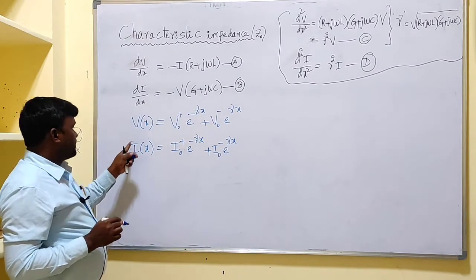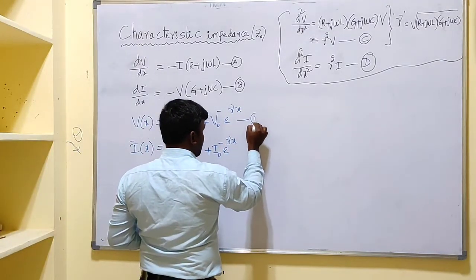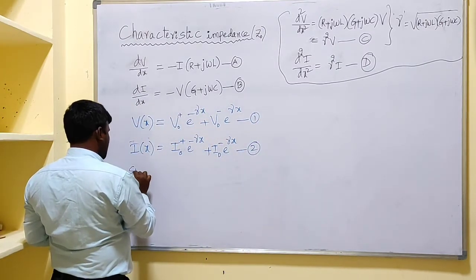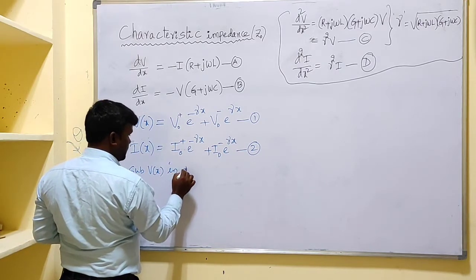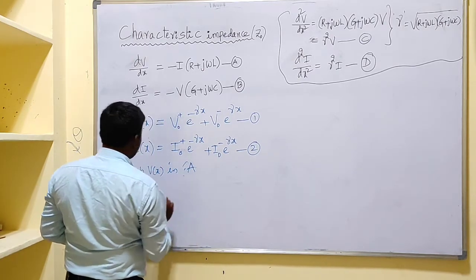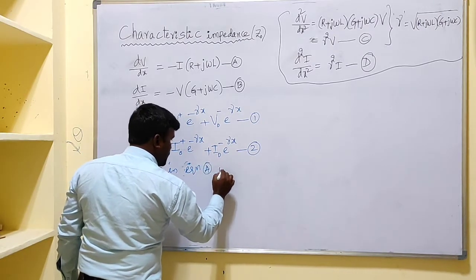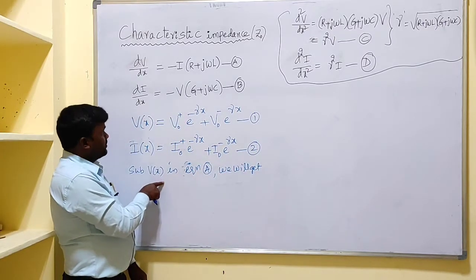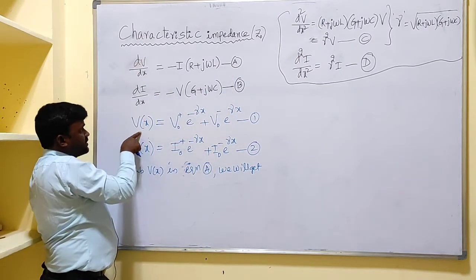If you substitute this V of x and I of x, equation 1 and equation 2, in equation A, let us substitute V of x in equation A. We will get d by dx of V of x.